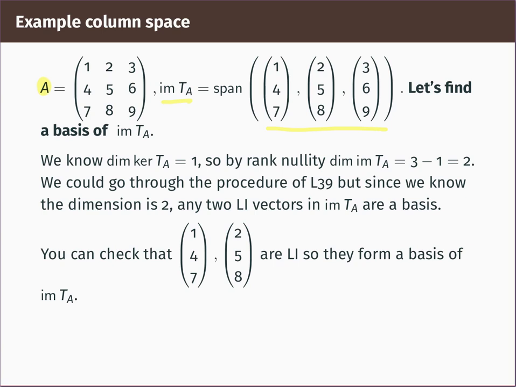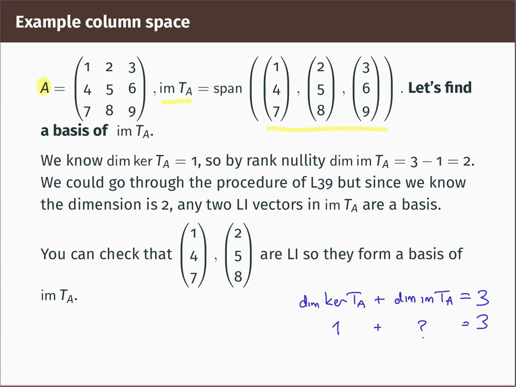Because the rank nullity theorem says that the dimension of the kernel of T_A, which is 1, plus the dimension of the image of T_A, which we don't know but we'd like to know, is equal to the dimension of the domain of T_A. And because A is a 3x3 matrix, that domain is R^3, so its dimension is 3. So 1 plus the rank of T_A is 3.